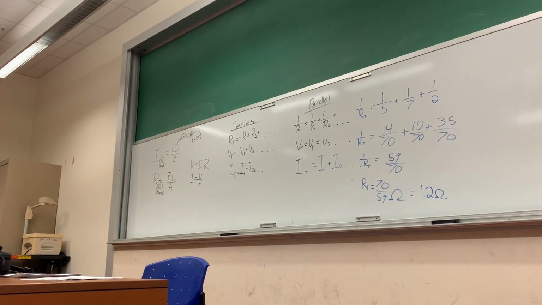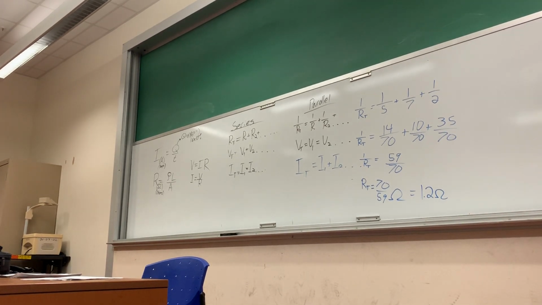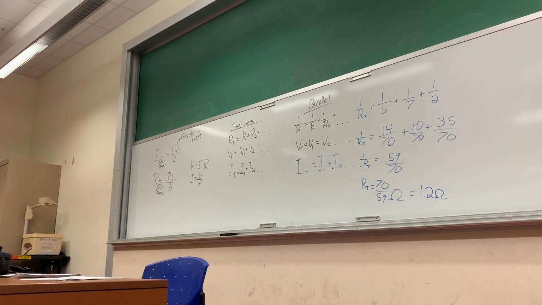From there, I have a V total and an R total, so I can find I total. 6 divided by 60 is 0.1 amps. Where would you go next?